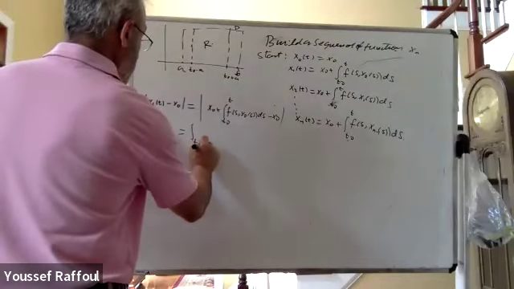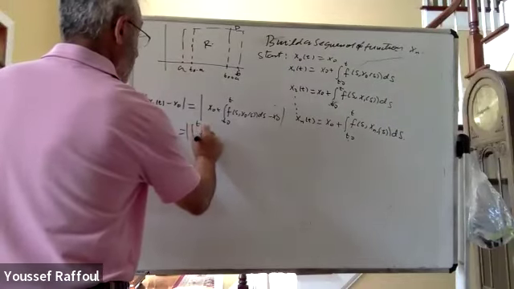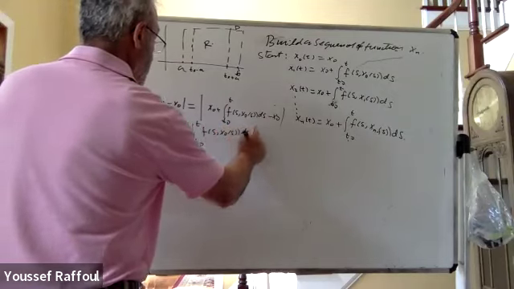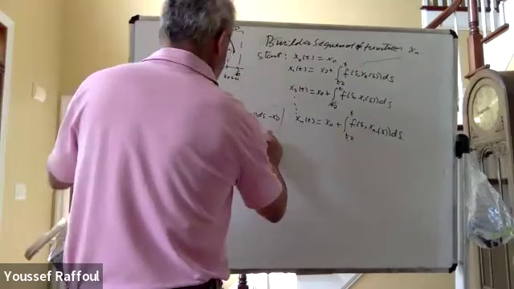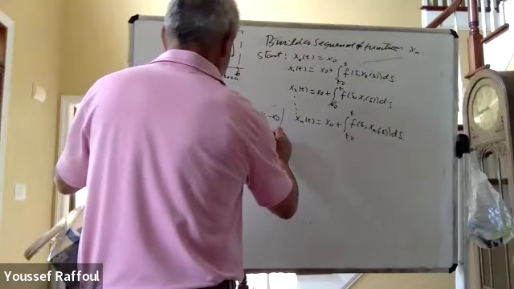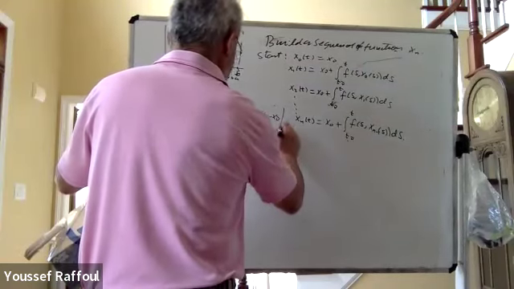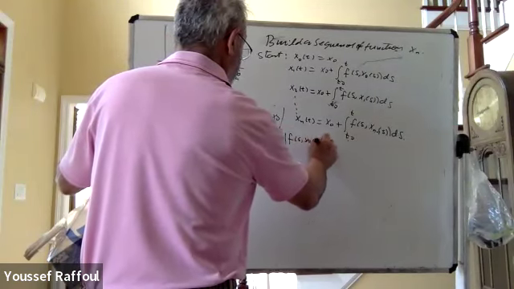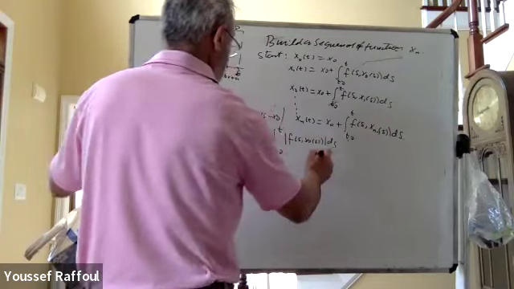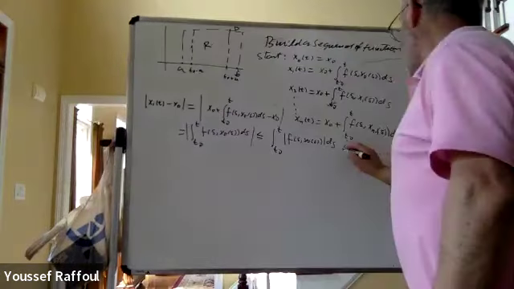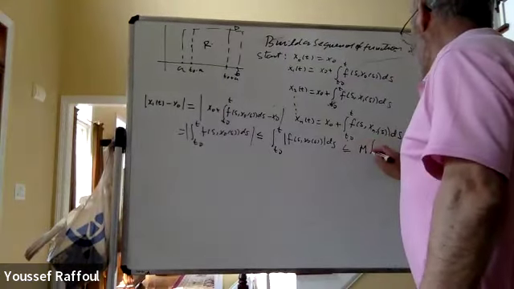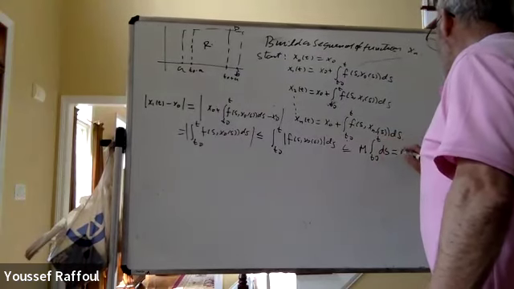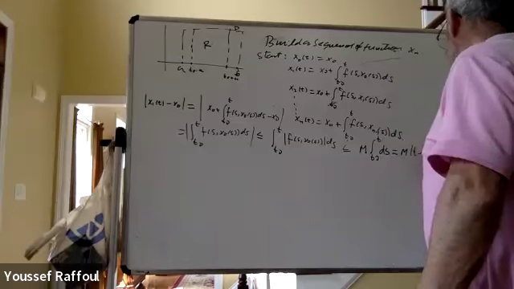And that is the integral from t0 to t of f of s, x0 of s ds, and that is less or equal to the integral of |f of s, x0 of s| ds. And that is less or equal to M times the integral from t naught to t of ds, which is M times |t minus t naught|.